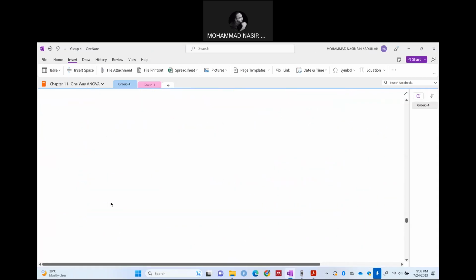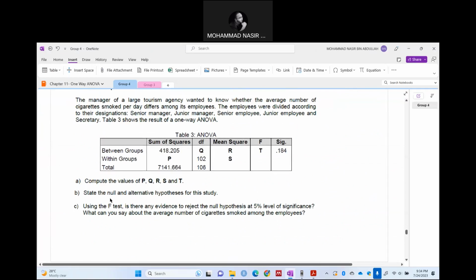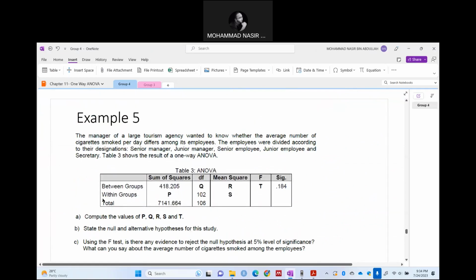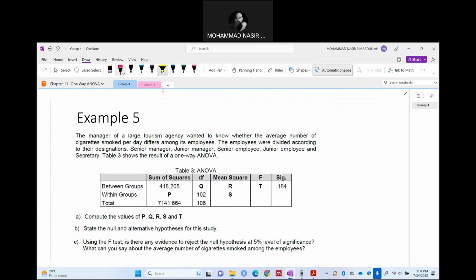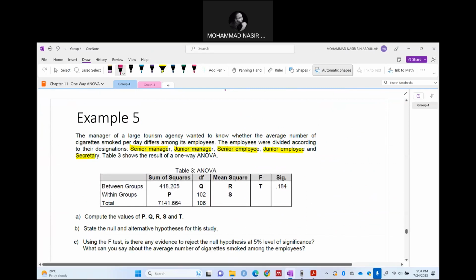So this is the same concept as the previous example. From here, how many groups do we have? We have senior manager, junior manager, senior employee, junior employee, and secretary. So 1, 2, 3, 4, 5. So K equal to 5.